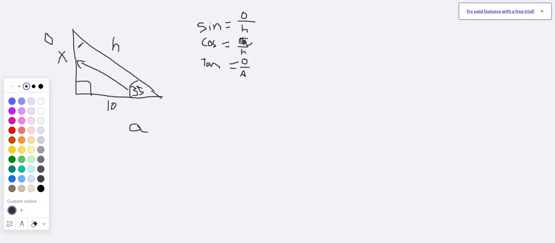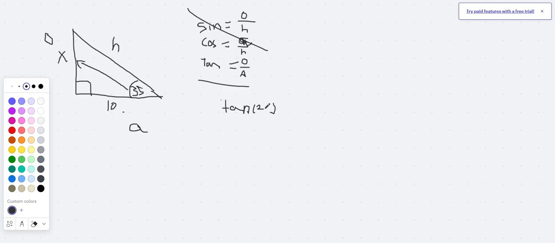Okay, so for this specific example, you can see we have the adjacent side, so it cannot be sine anymore. It's either cos or tan, and the only other given side is the opposite side. So tan is supposed to have opposite and adjacent, so it's tan. So I'm going to say tan, and then put the angle measure, which in this case is 35.